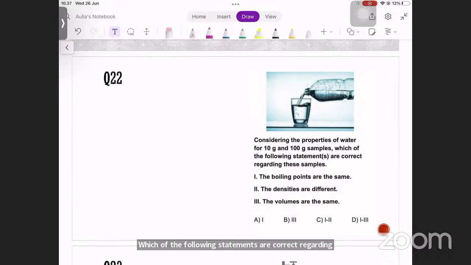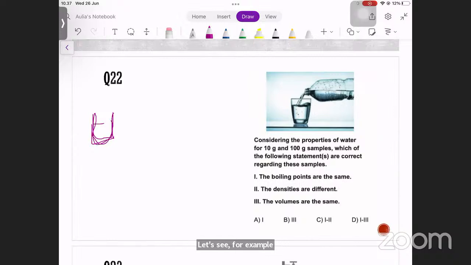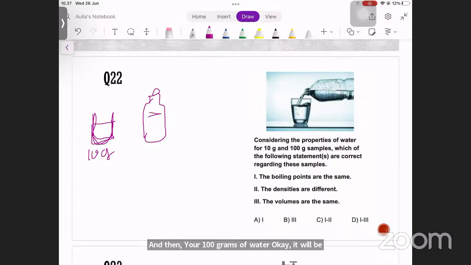Everyone, what I want to tell you first before answering this question is, let's say, for example, 10 grams of water is being placed in a glass. And then the 100 grams of water will be placed into a bottle.